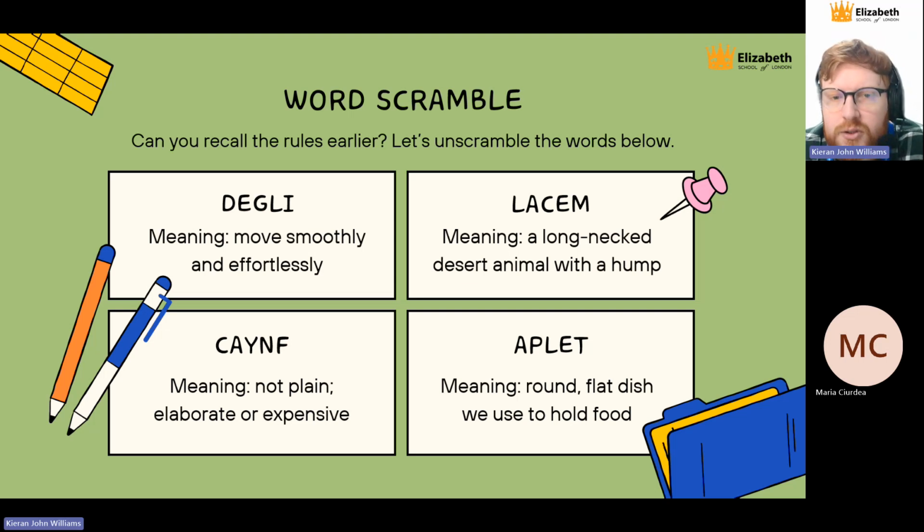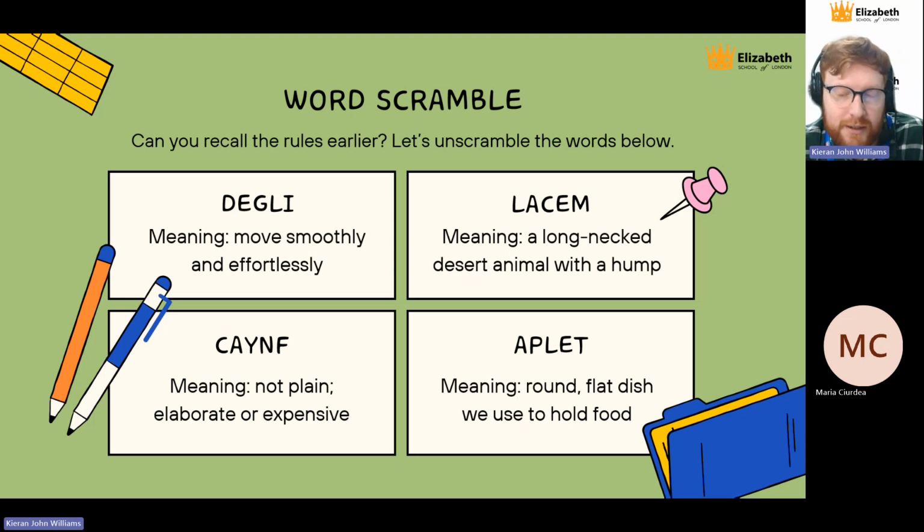Okay, so we're going to test those skills now in this next activity. It gives you some words, but there's a bit of a problem. Some silly sausage has put the letters in the wrong order. So we've got a word here that has D, E, G, L, I, but all of the letters are in the wrong position. We need to think about what word it could be, and they help us by telling us the meaning of the word underneath.